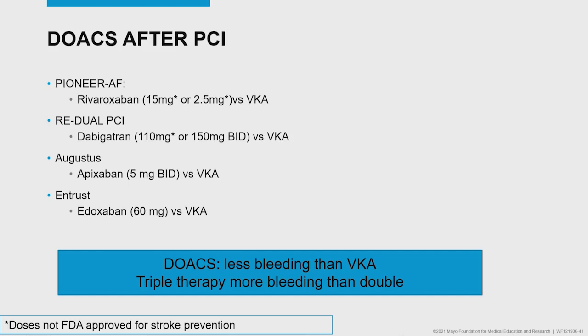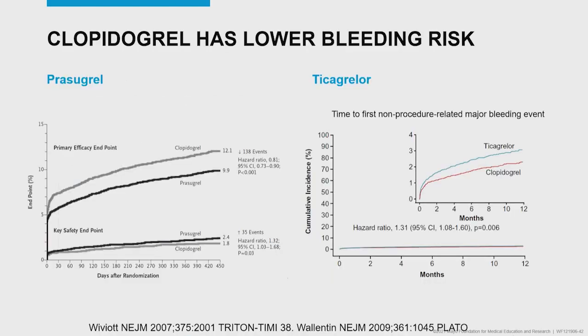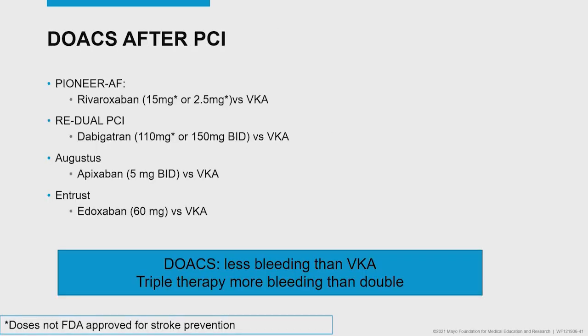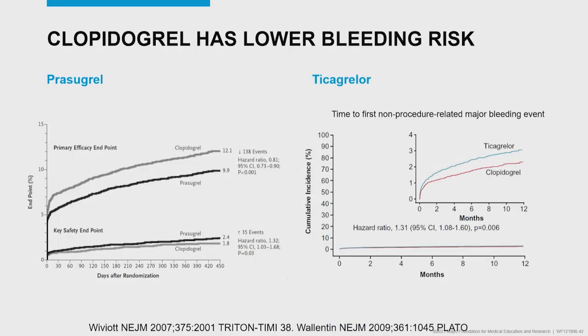There were multiple studies like the PIONEER, RE-DUAL PCI, AUGUSTUS trial, and ENTRUST, and they all show consistently that DOACs have less bleeding than vitamin K antagonist, and they all also show consistently that triple therapy has more bleeding than double therapy. So the recommendation is to keep the patient on a DOAC if they're already on a DOAC, so I don't see a reason to transition the patient to warfarin unless that's our only choice, and also to try to limit the triple therapy to a minimum.